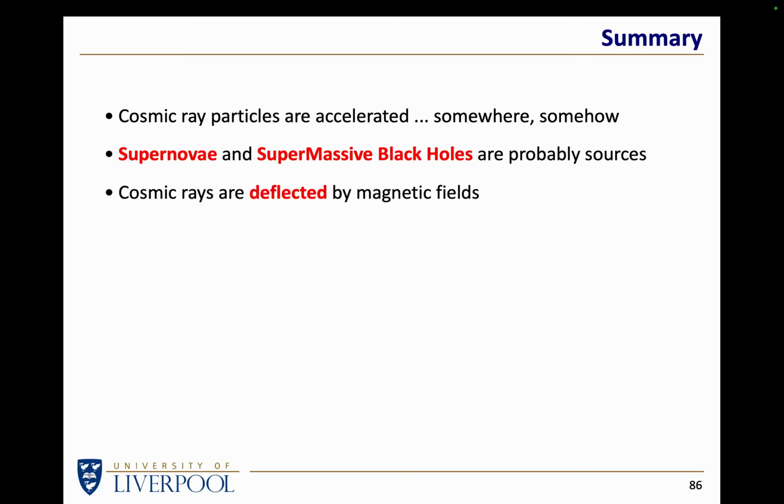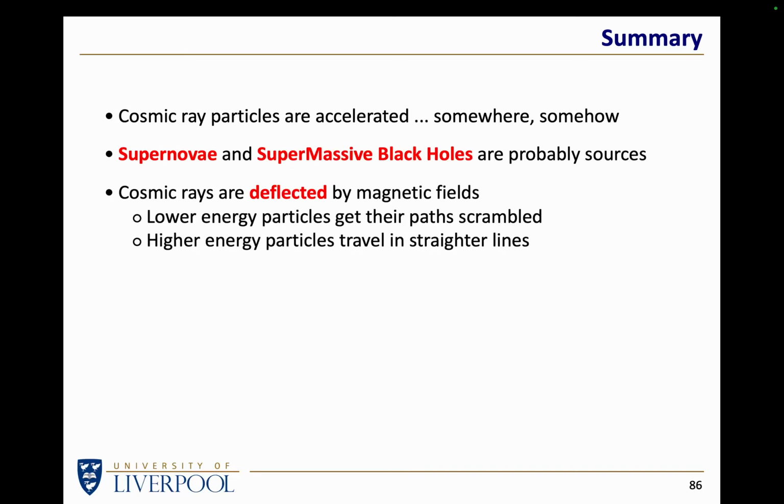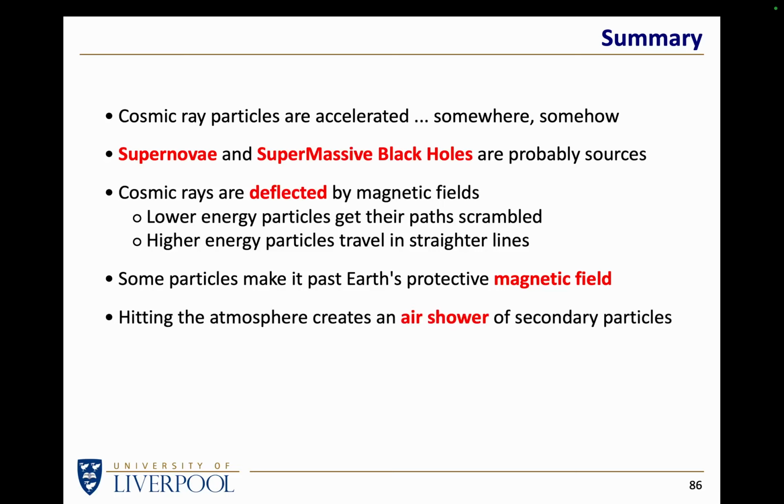We know that in principle they're deflected by magnetic fields. We know that low energy stuff will get their paths scrambled, and we don't know where they're coming from. We hope that with the highest energy particles, we have a chance of tracing them back on straight lines to see where they came from. Some particles make it past Earth's magnetic field. We know some of them do because we can detect them.